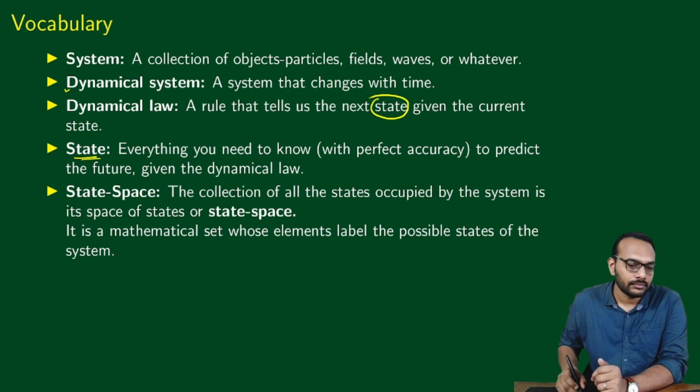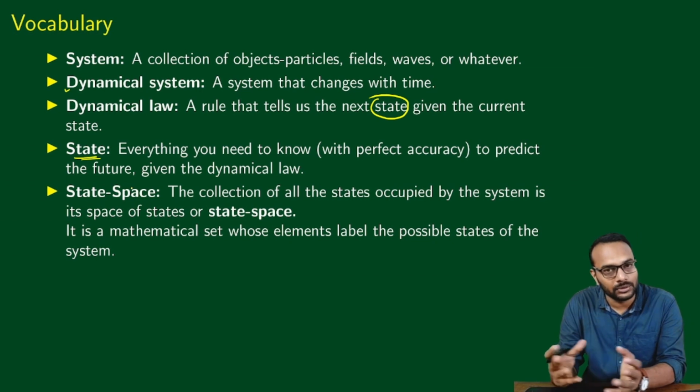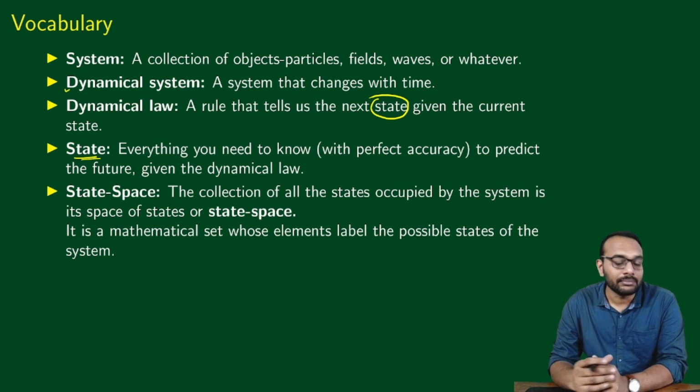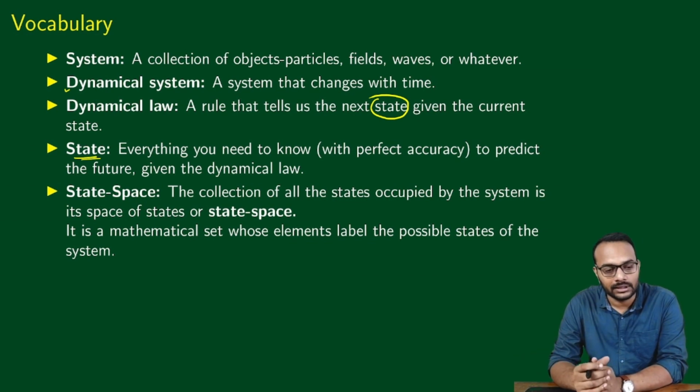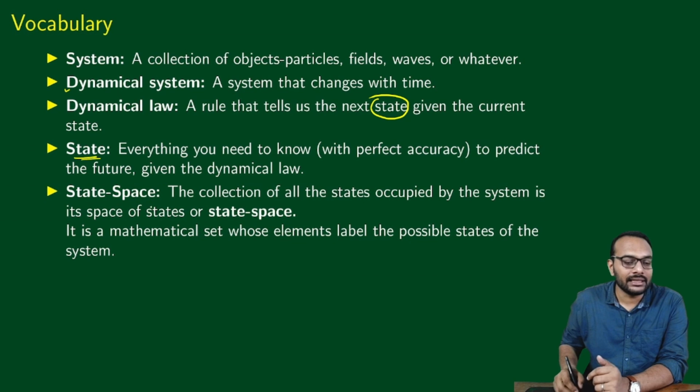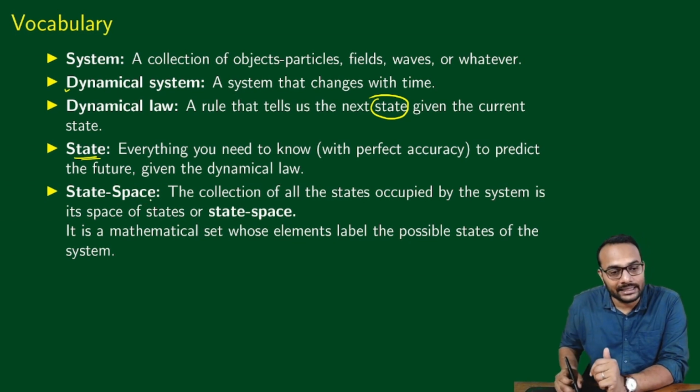And then once we have state, we can talk about the state space. In physics and in mathematics, space is usually used in two different senses. Sometimes we talk about the physical space, as in space-time. And other times we talk about it as a mathematical set.